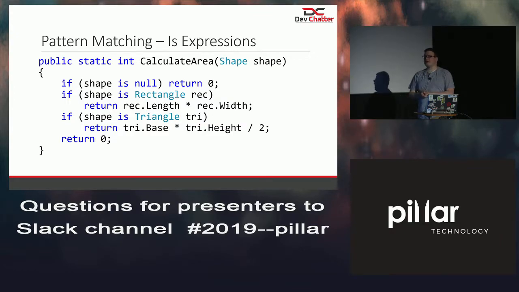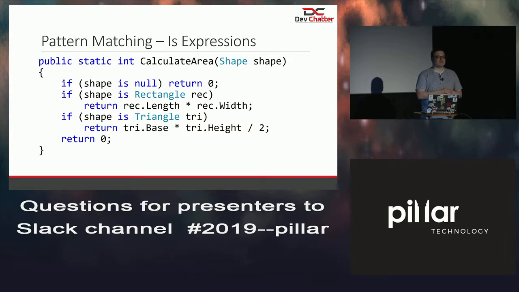Two other things I want to point out about this. In pattern matching, we have three types of pattern matching we can do. We can match to a constant. That's actually what happens in the first line. Shape is null. Null is a constant in C#. If we were using, say, numbers as one of the potential types, you could do like, my number is 7, for example.